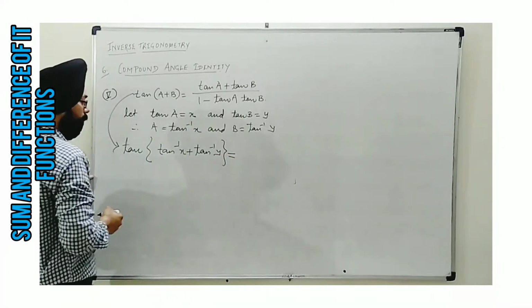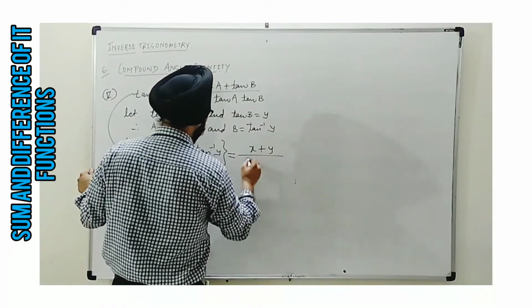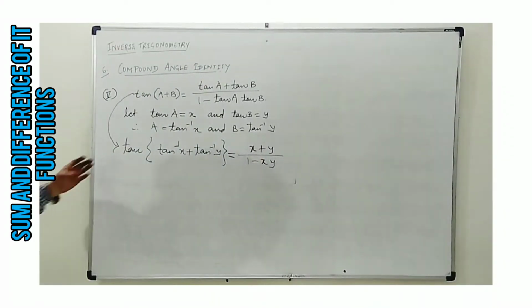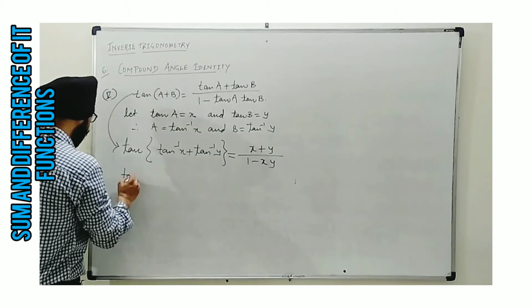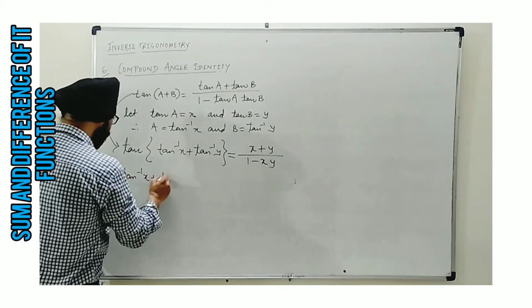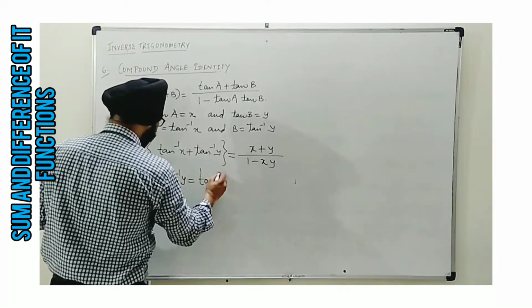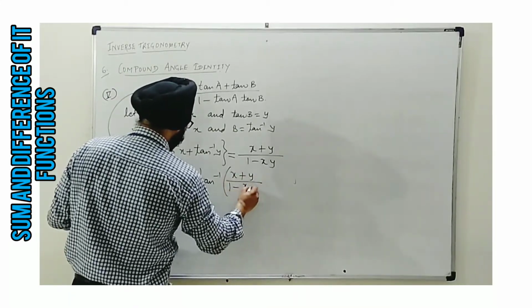Equal to (x plus y) upon (1 minus xy). Now when tan inverse is taken on both sides, we get the fifth identity as tan inverse x plus tan inverse y equal to tan inverse of (x plus y) upon (1 minus xy).